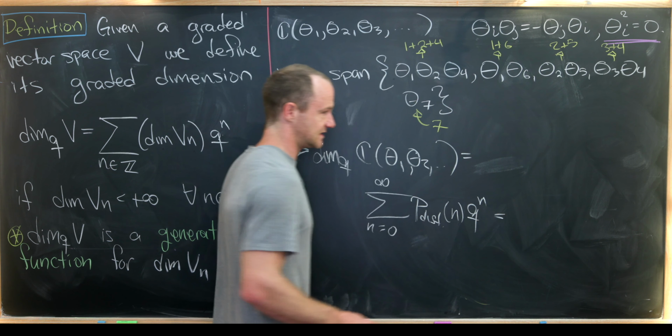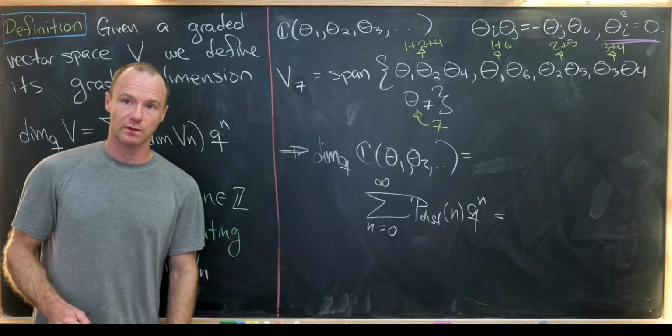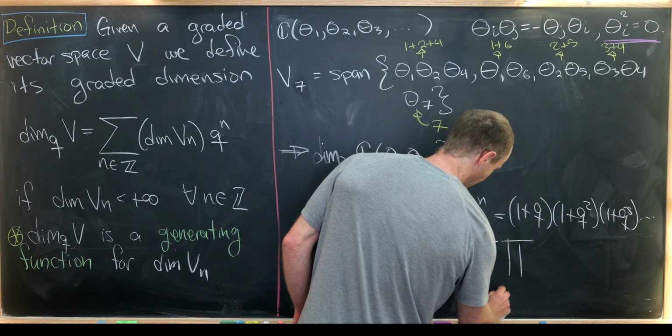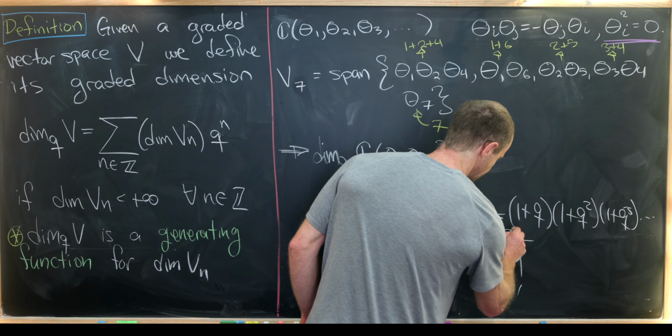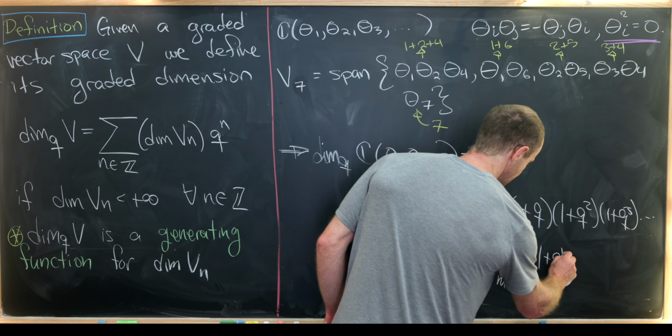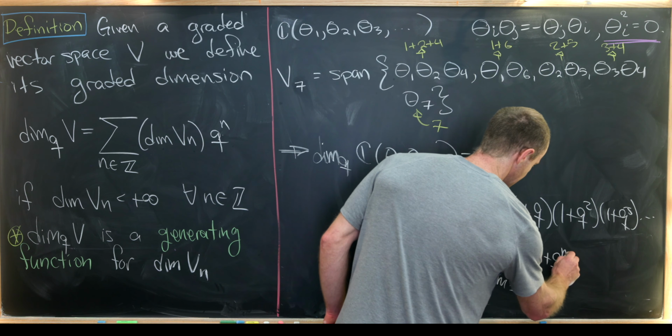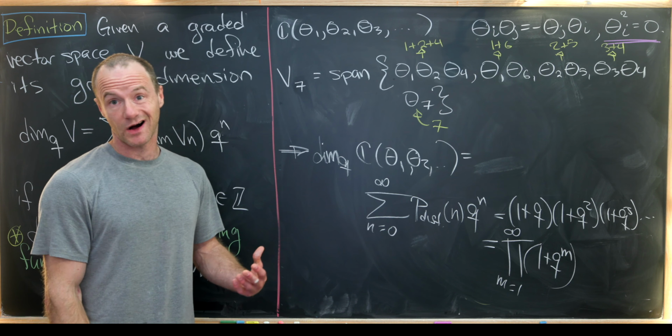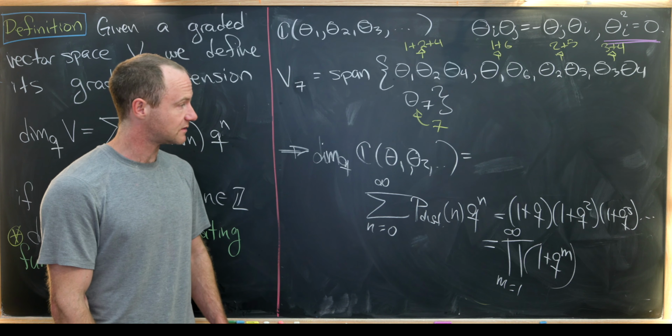But I think we did this in a previous video as well, and we calculated that the number of partitions of n into distinct parts looks like this: 1 plus q times 1 plus q squared times 1 plus q cubed, and so on and so forth, which ended up being the product as n goes from 1 to infinity of 1 plus q to the n. And this actually has a relation to the number of partitions into odd parts, if you remember that as well.